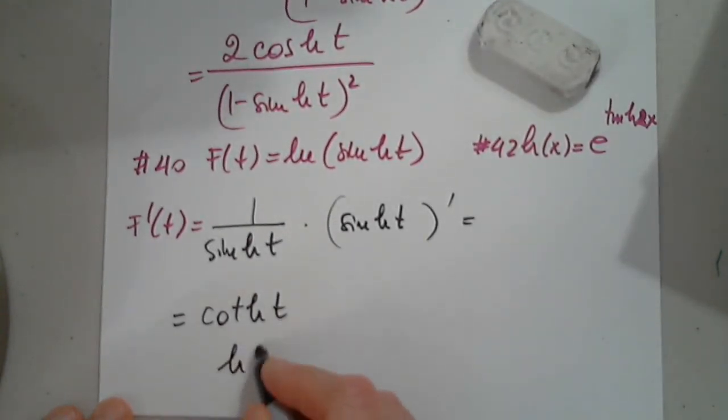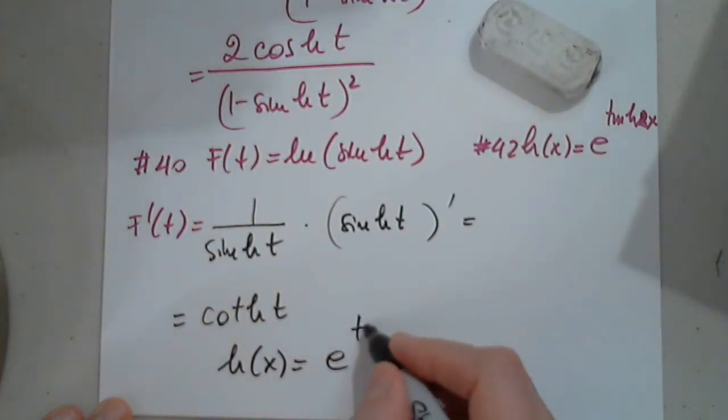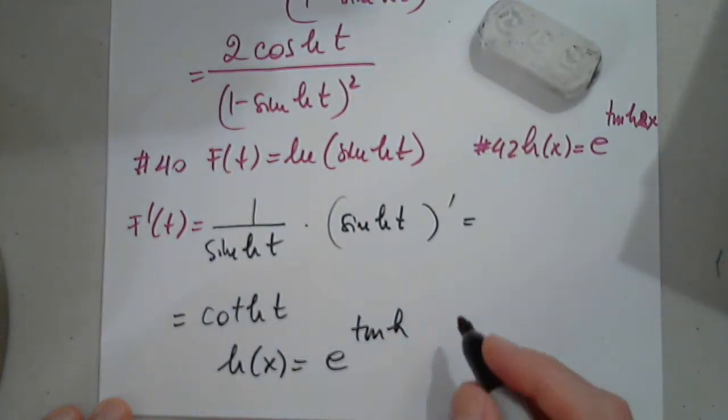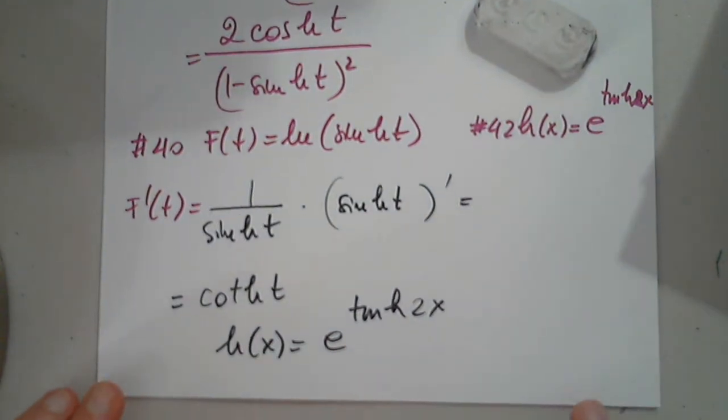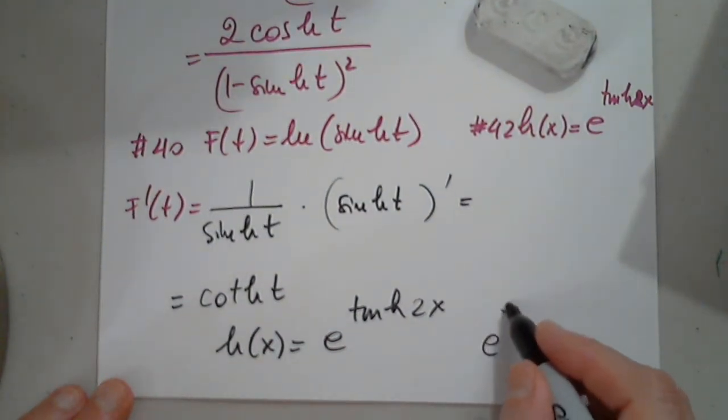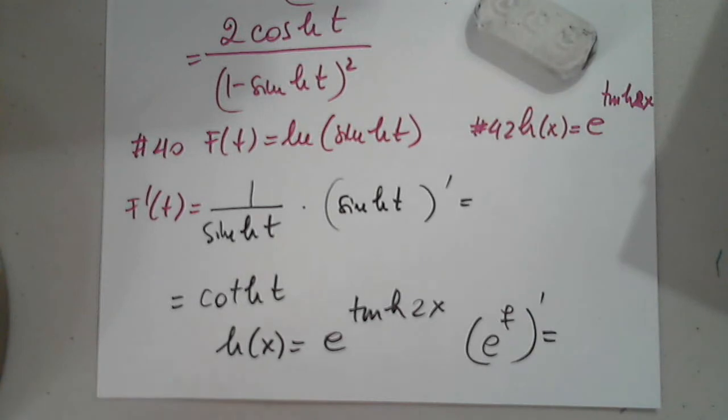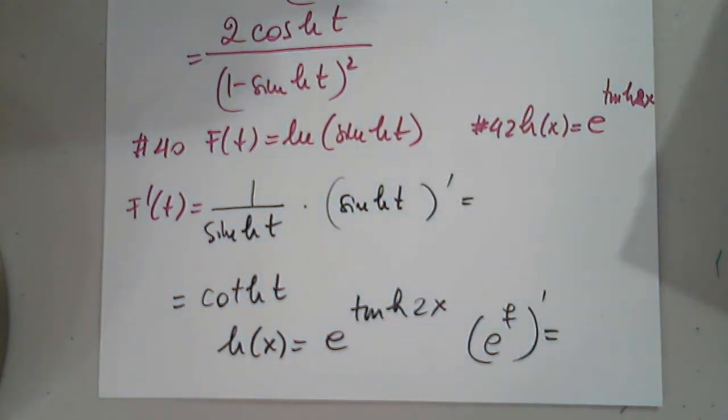So h of x, I'm going to copy it, equals e raised to hyperbolic tangent 2x. When we differentiate e to a function, what do we get? What is the rule that we have to apply here?